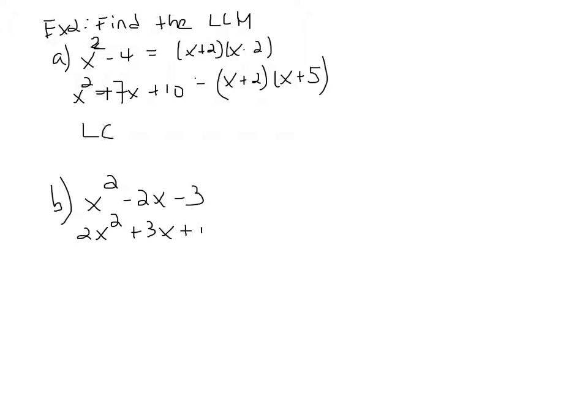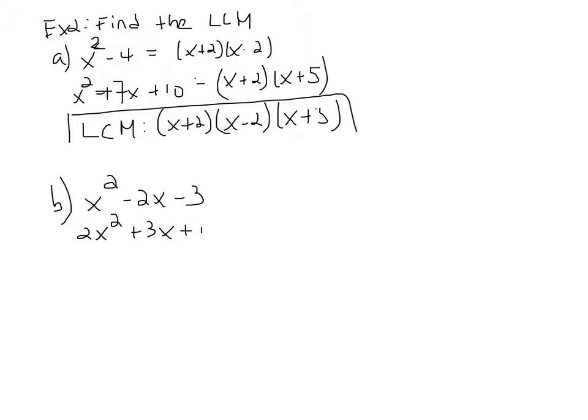And so the least common multiple will take the greatest power of x plus 2, the greatest power of x minus 2, and the greatest power of x plus 5. So this is the least common multiple for example A.